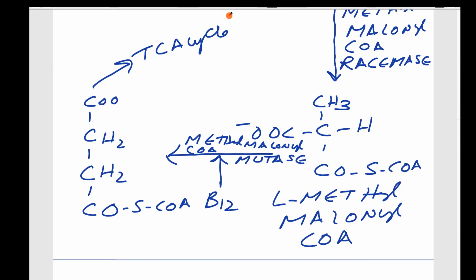That is because propionyl coenzyme A is glucogenic. By converting it into succinyl coenzyme A, it can enter the TCA cycle. It also can be converted to oxaloacetate, and from there glucose can be synthesized.